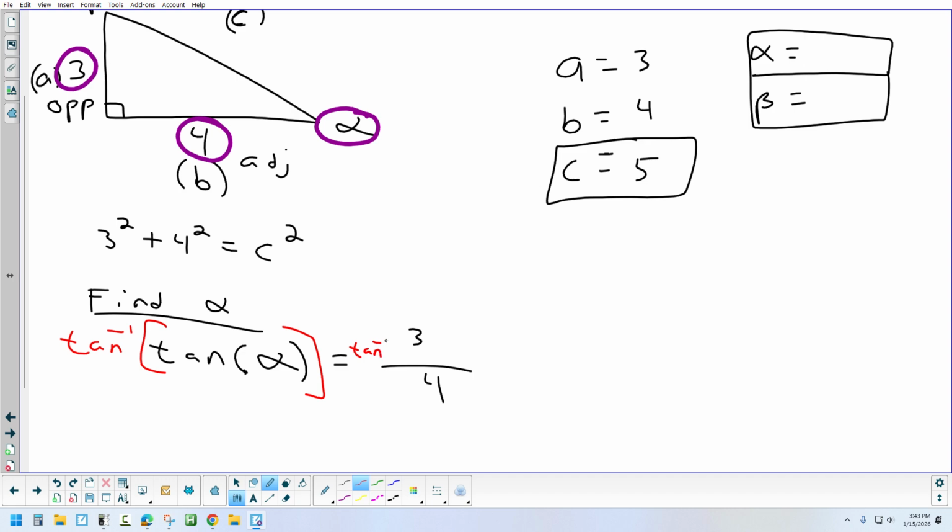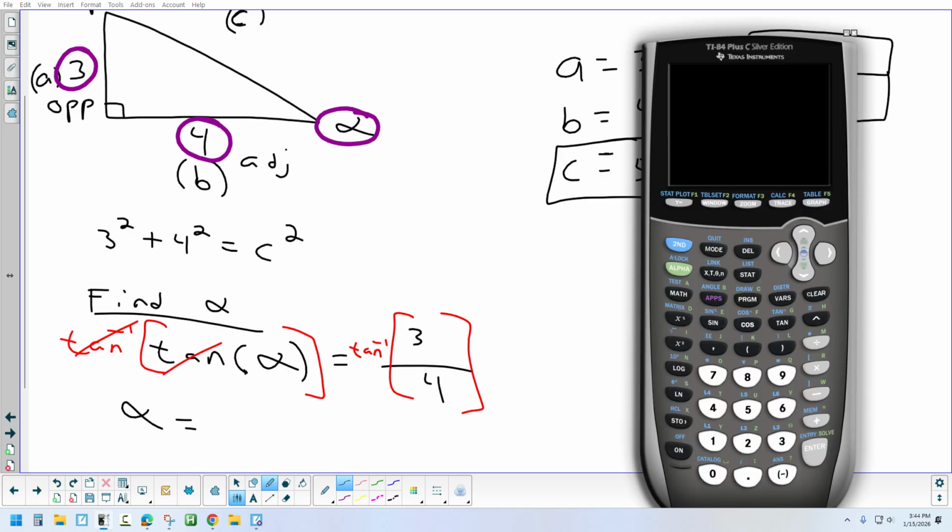Inverse tangent and regular tangent, what's going to happen to those two? Yeah, they're going to cancel. So we're left with alpha equals inverse tangent of 3/4.